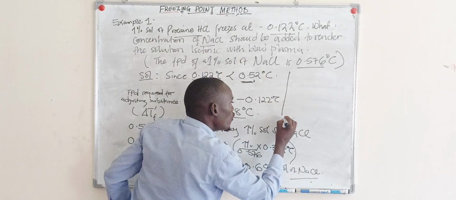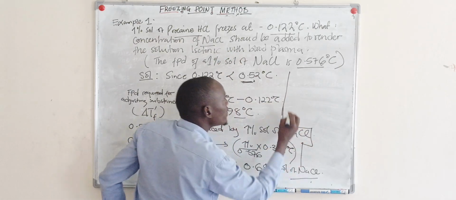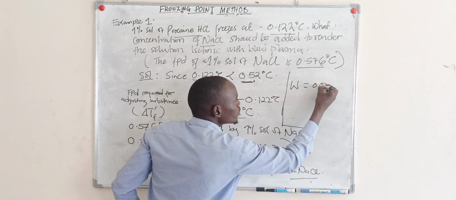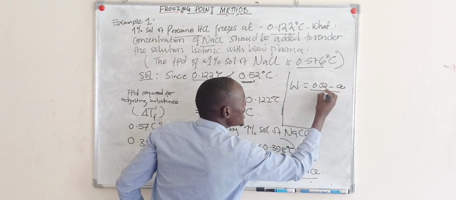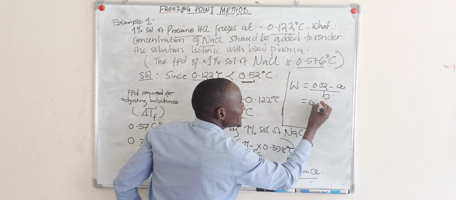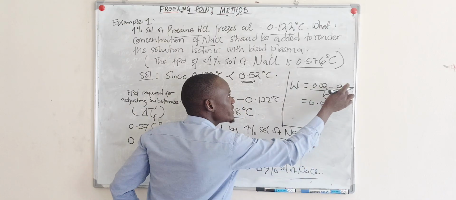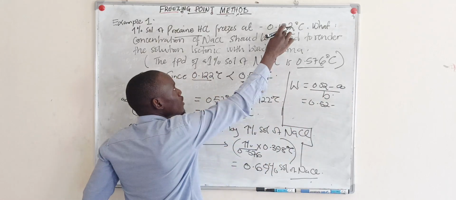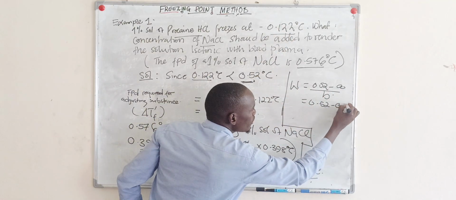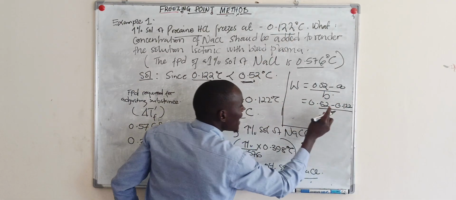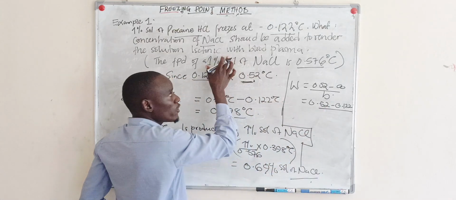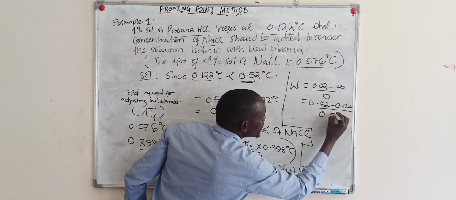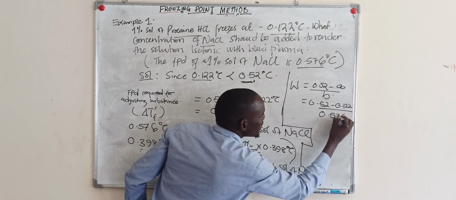But also for those who may wish to use the formula, we know that W is equal to 0.52 minus A divided by B, whereby 0.52 minus the freezing point depression of an adjusted isotonic solution, which is 0.122, divided by the freezing point depression of the 1% solution of the adjusting substance, which in this case is 0.576.